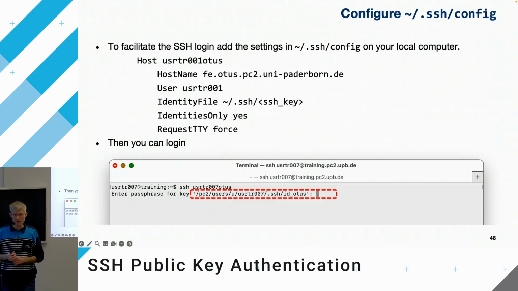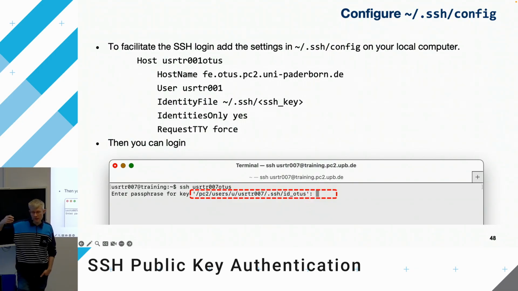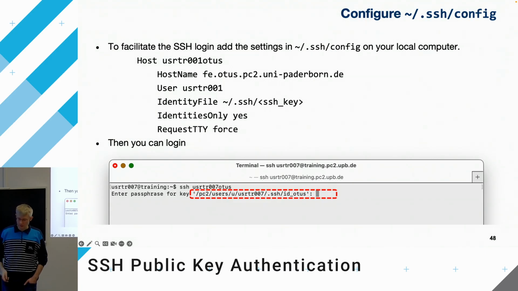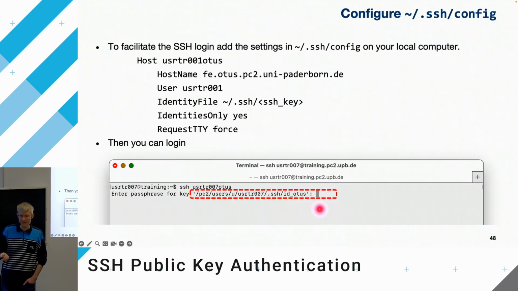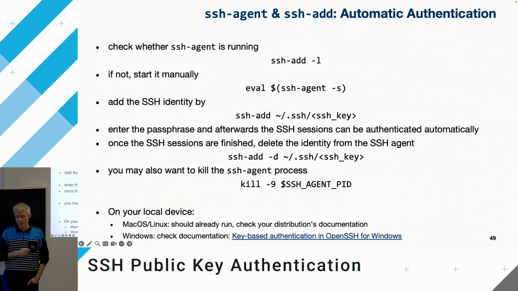Then not your password for the cluster is used for authentication, but this public key pair is used, which is stronger, and we can also see that it can be more convenient, because at this point you just exchanged the password for the cluster for the passphrase of your private key. But if you are often using the SSH command, maybe it's a little bit tedious to always enter your passphrase.